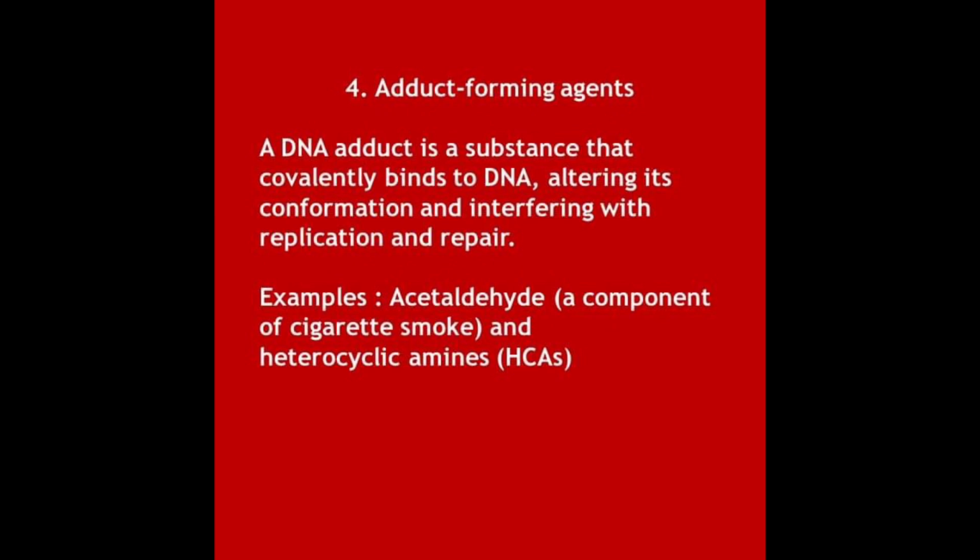Then another category of these mutagens which we are going to talk about today is adduct forming agents. So what are these adduct forming agents? A DNA adduct is a substance that covalently binds to DNA. It covalently binds to DNA and alters its conformation, and thus interferes with replication and repair of this DNA.